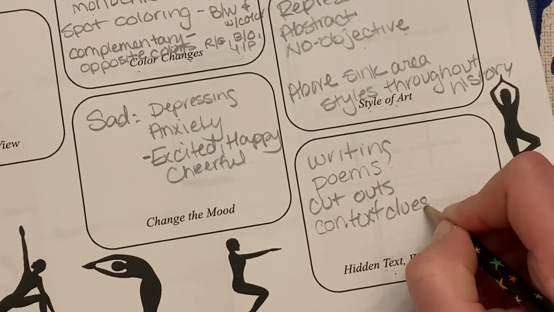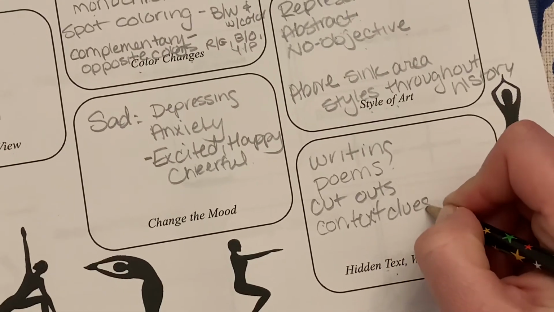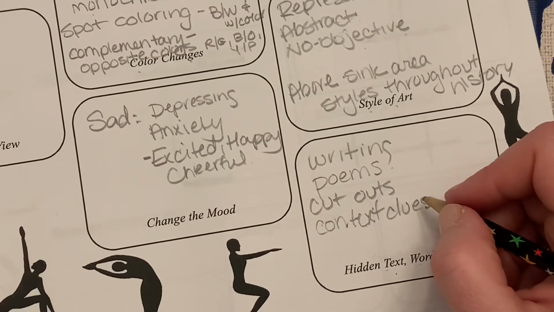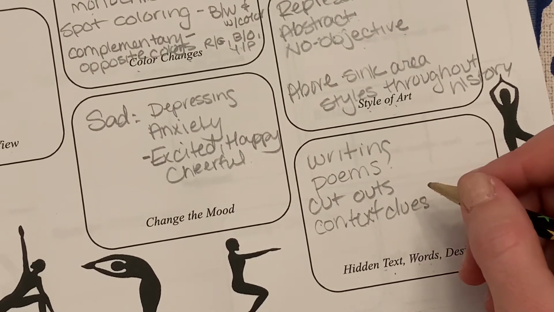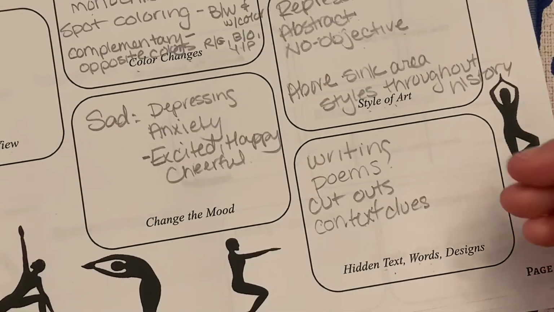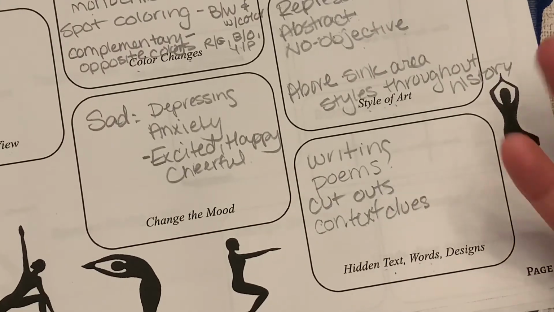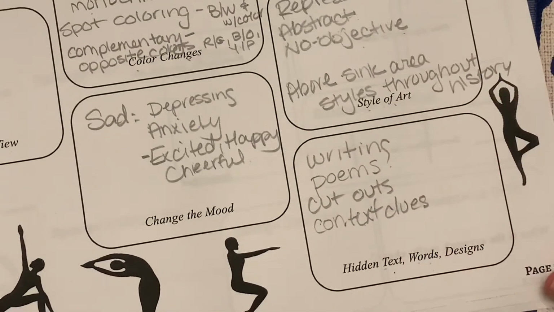Clues, so for meaning. Let's say you were doing the word spring, okay? You might put in there maybe a picture of tulips, okay? And in the tulips, you might write the word soft, pink, new, all words that were relating.